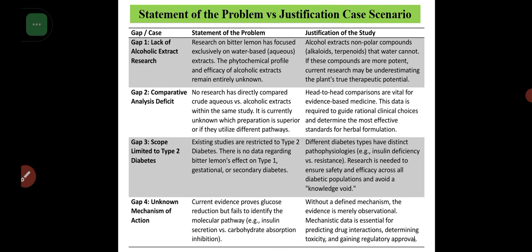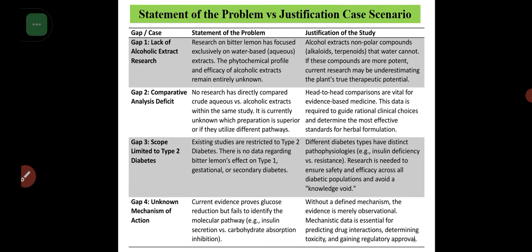Mechanistic data is essential for predicting drug interaction, determining toxicity, and gaining regulatory approval.